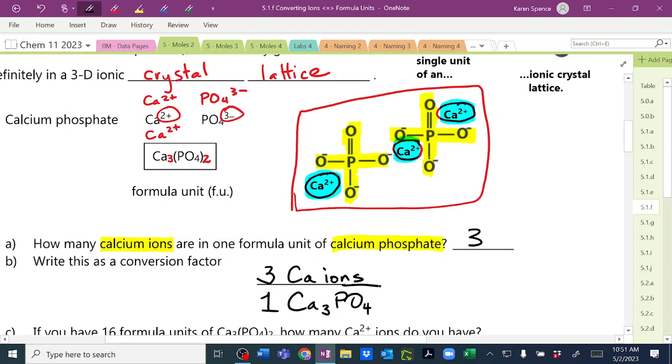I could put formula unit. It's almost like you don't really have to put the formula unit, you could just leave it at that, okay? But you could put formula units. But there's something missing from the top. The charge. You cannot write calcium ions without saying Ca2+ ions. Remember the charge.